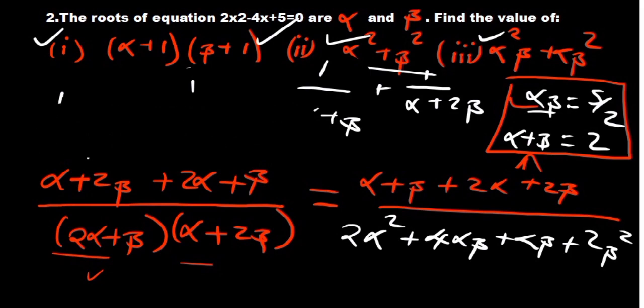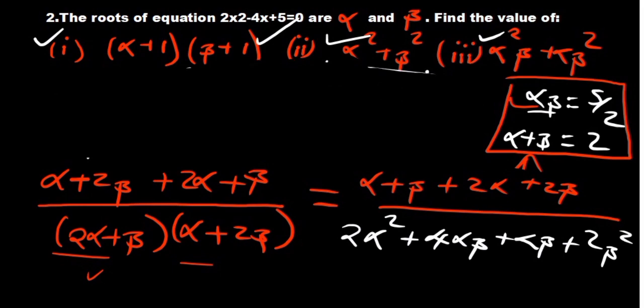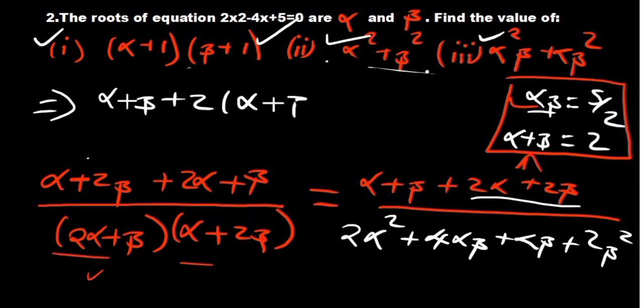Let's try to see what we're going to have. So alpha plus beta, then we have 2 alpha plus beta. So we want to express it in the form of summation and product. So we can factorize 2 there and remain with alpha plus beta, divided by, so what do we have?